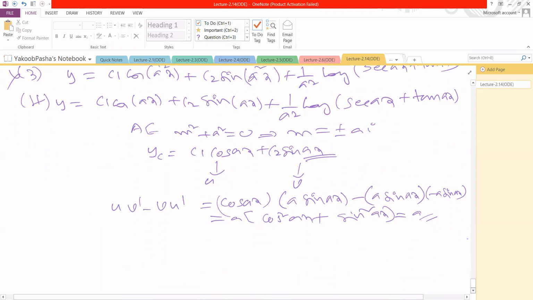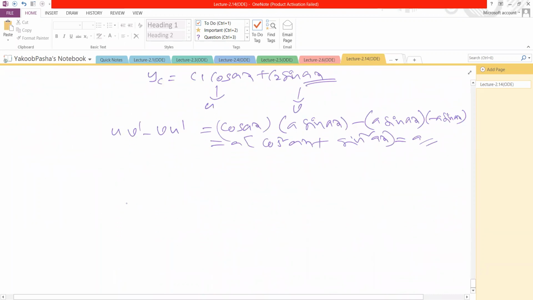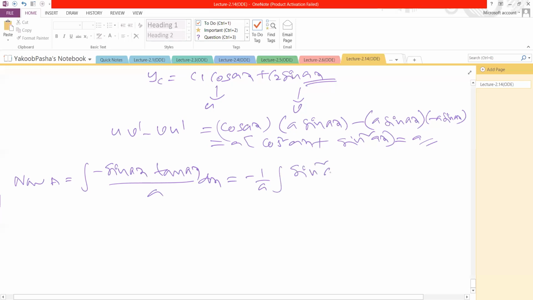Now we can find Au and Bv value. First I am taking A value, that is equal to integral minus vr. V equal to sin ax. R is nothing but tan ax. Denominator is a. This is equal to minus 1 by a integration of sin square ax.